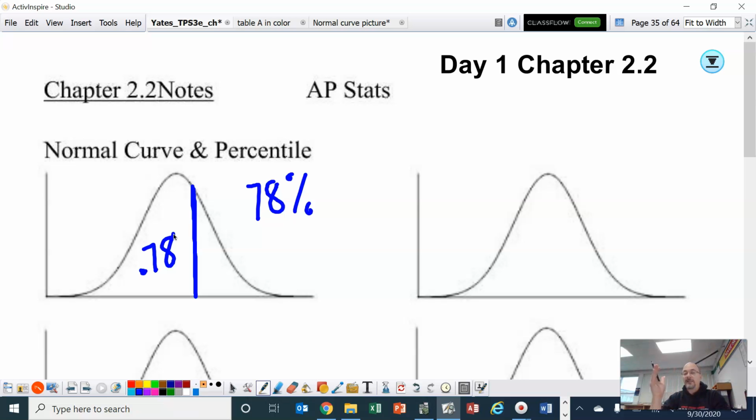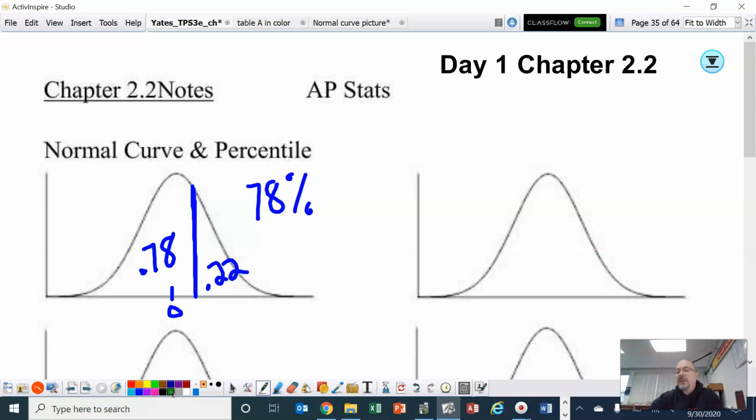Obviously, I'm on the right side of 0 on that normal curve. So I'm taller than 78% of people, but that also tells me that I am 22% or 0.22 shorter than people. Let's keep going here.